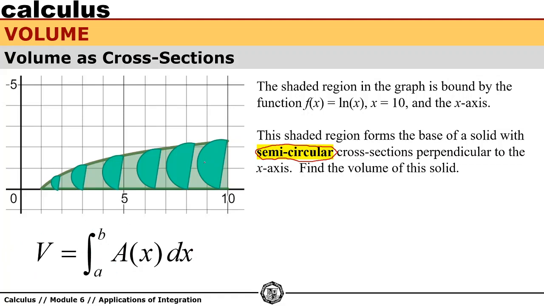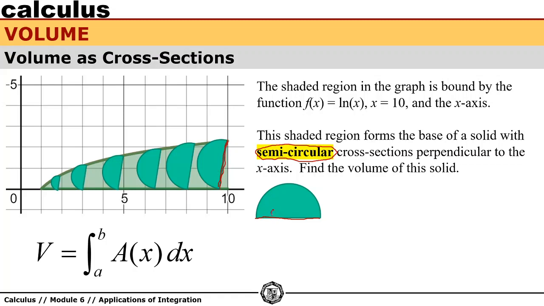Now, the cross section that we're dealing with obviously is not the square anymore, it is now a semicircle. All right, so we got to be really careful here, because the length, or in this case, diameter of the semicircle is going to be this red line here. Okay, and just as it was the case with the square, the distance of this diameter is going to be defined by the height of the graph here from the x-axis up to the curve.